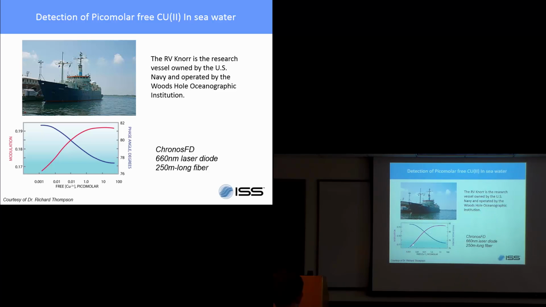This was a frequency domain instrument. And this calibration curve had values for the phase angle and the modulation for different concentrations of the copper ion. So whenever he was measuring a value, he could infer the value of the concentration. So this is just an example of how lifetime information can be used to solve a real problem.